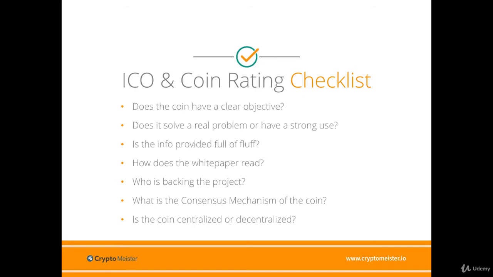Does it solve a real problem or have a strong use? The more common the problem, or the greater the impact of the problem that the coin solves, the greater the coin's value is likely to be. If the coin is the first of its kind and has a strong use, then it will certainly have a strong advantage over the competition.